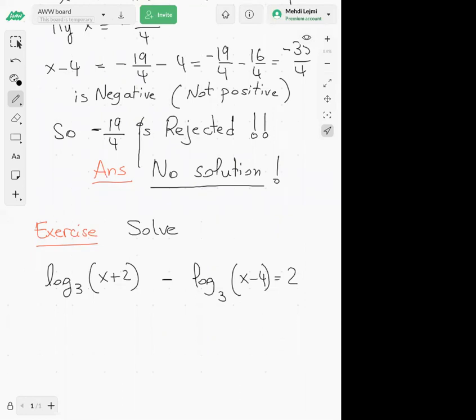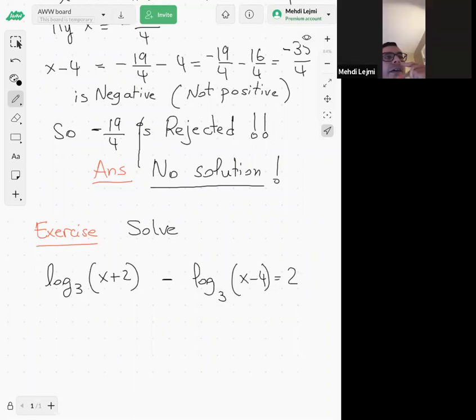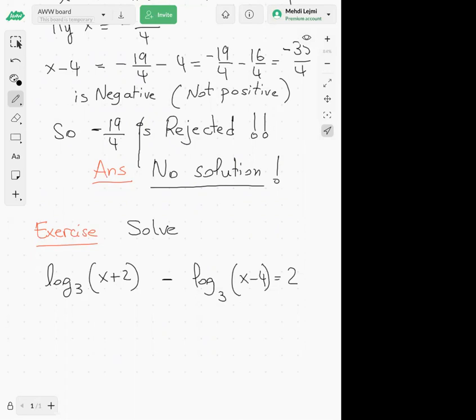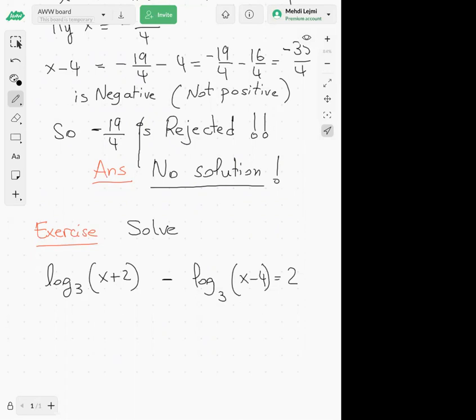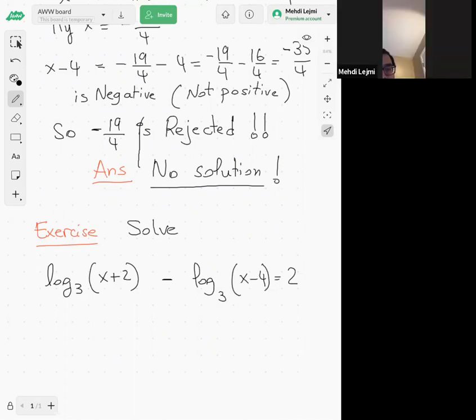You could have taken x plus 3. Yeah, if one of them is not positive, then you have to reject the solution. If one of them is not positive, then you are done. Okay, I got it.